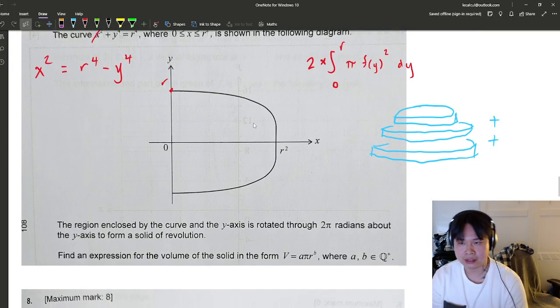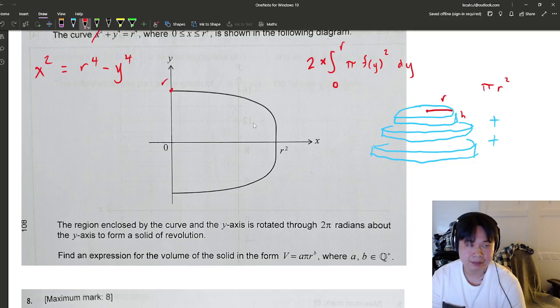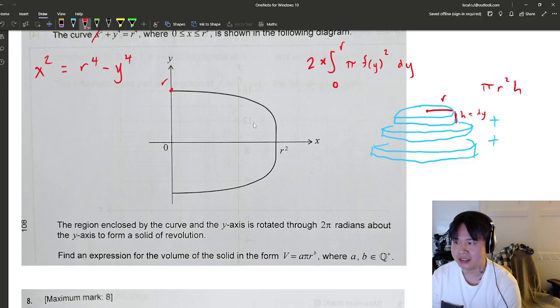Now, we know how to find the volume of a cylinder. It's going to be the area of the circle, so the radius, right? And the height here. So area of the circle is pi r squared times the height. The height is infinitely small, so this is an infinitesimal. This is dy. And then the radius, as you saw earlier, is basically the x value of the function.